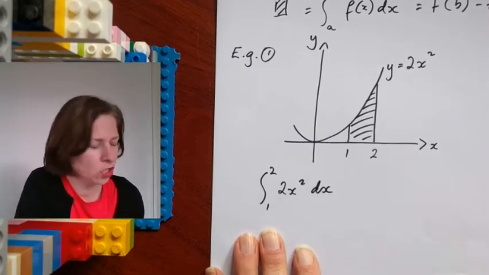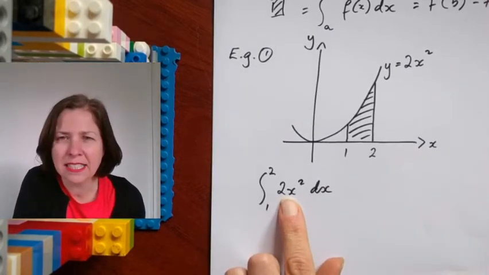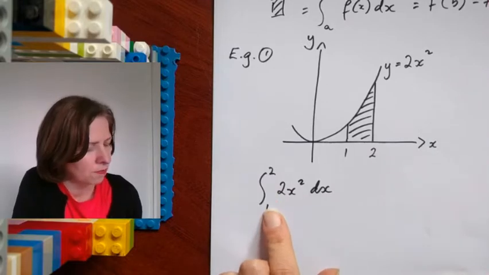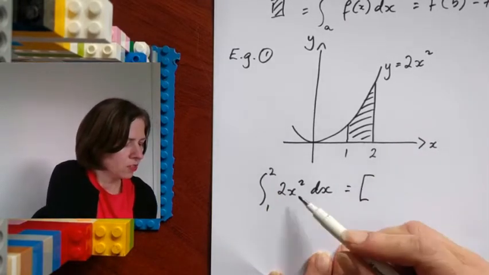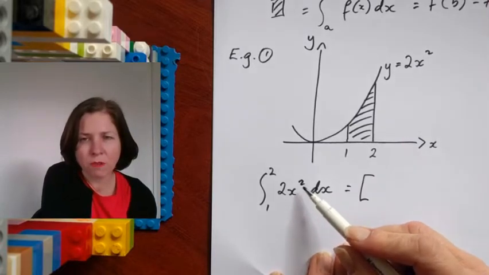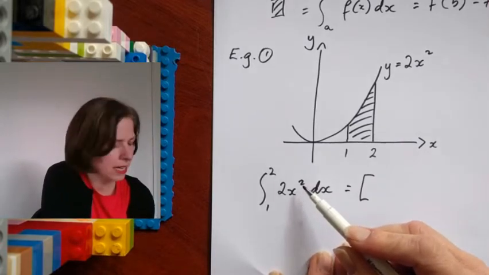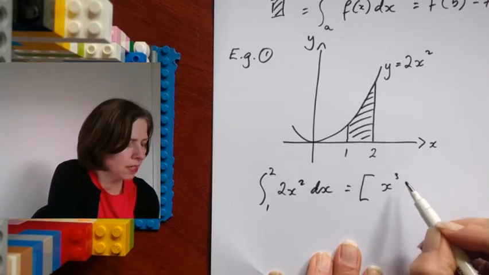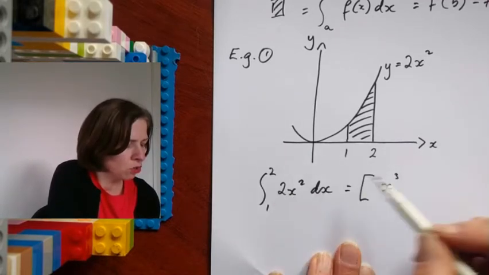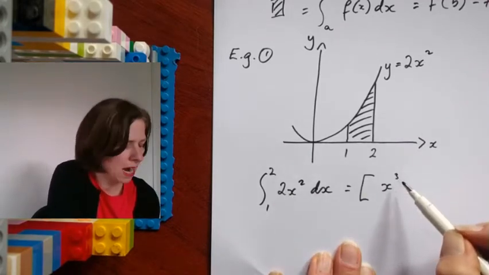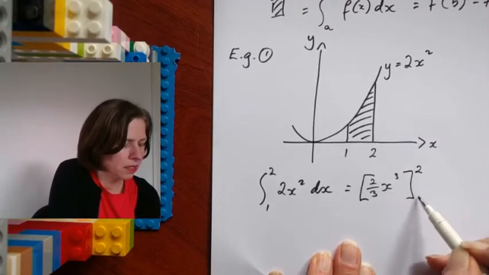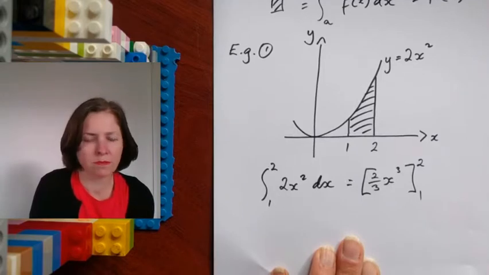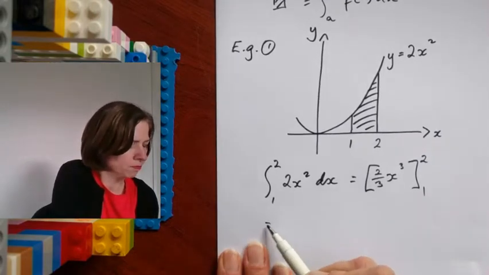So all I need to do then is antidifferentiate and then substitute. So let's do it. I antidifferentiate. So my power goes from a 2 up, I add 1, I get x cubed. And in front, I'm going to keep this 2 and I'm going to divide by the new power. So that's 2/3 x cubed, and I'm going from 1 to 2. So now I do my substitution.